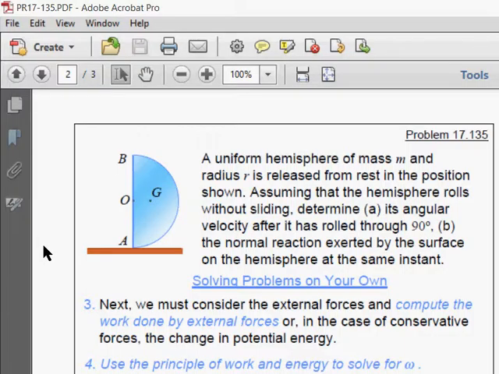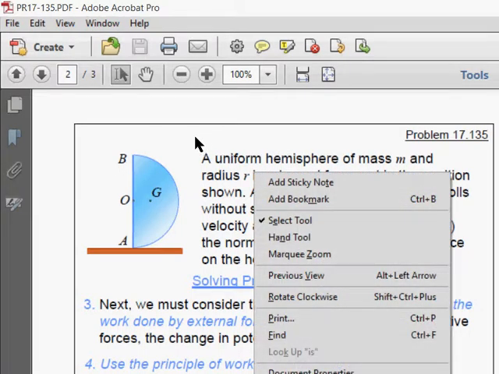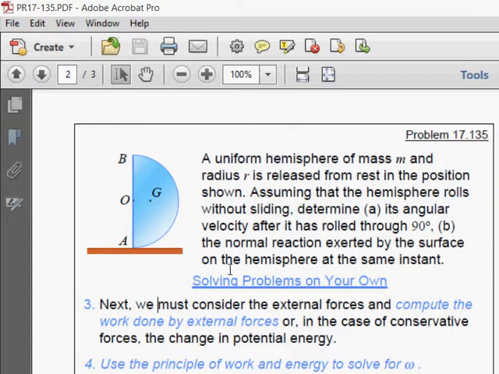The first thing we're going to do is use the principle of work and energy and determine the work of the forces. And then we use the principle of work and energy, and finally determine the reaction.